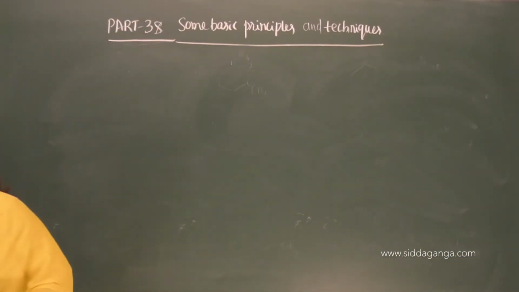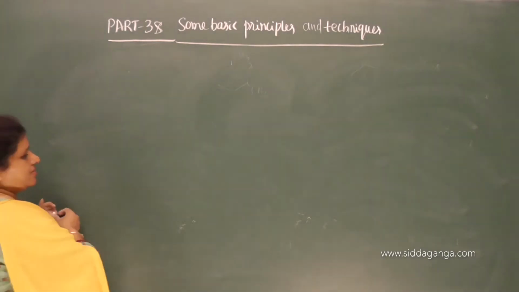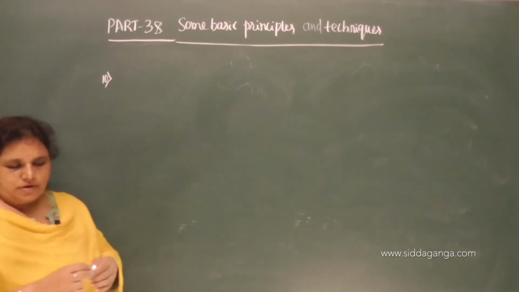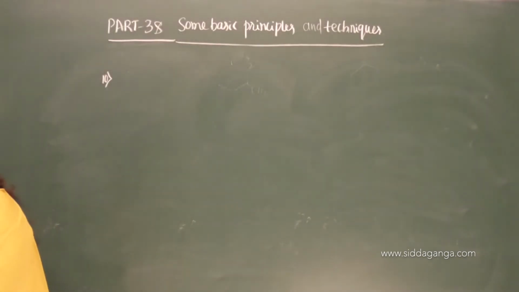So the next one, that is the 10th one. You can take two substituents as a disubstituted benzene.